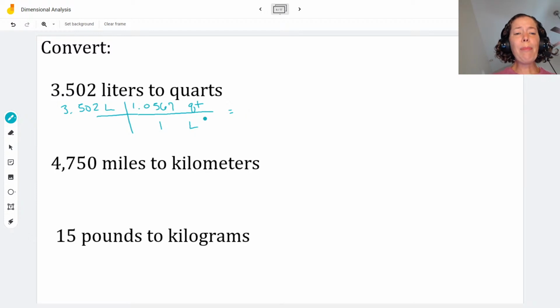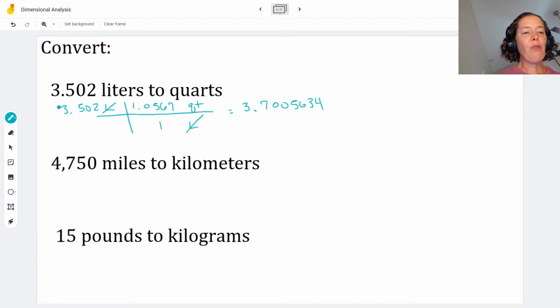Okay, so if I put this into my calculator, again, my liters are going to cancel. I'm getting quarts. That's what I want. I'm going to get, this is where we start to get really long decimals. And I'm not even putting down all of the decimals that I get. All right, so let's do sig figs.